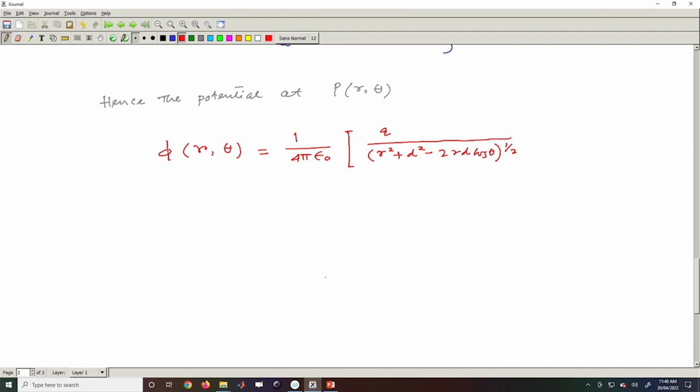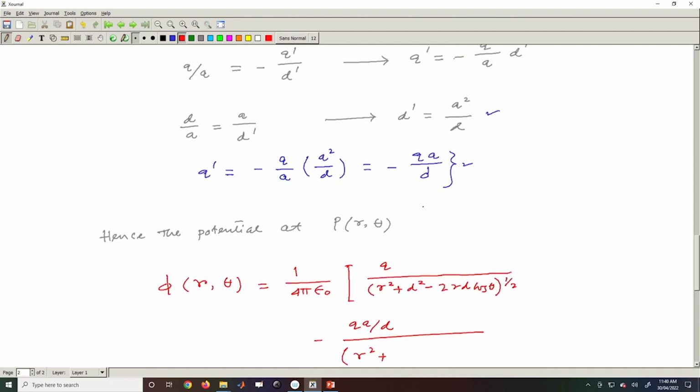That is for the charge q, and for charge q prime, which is q a divided by d, I simply put it divided by r square plus d prime square. Now, we know what d prime is. D prime is a square divided by d.